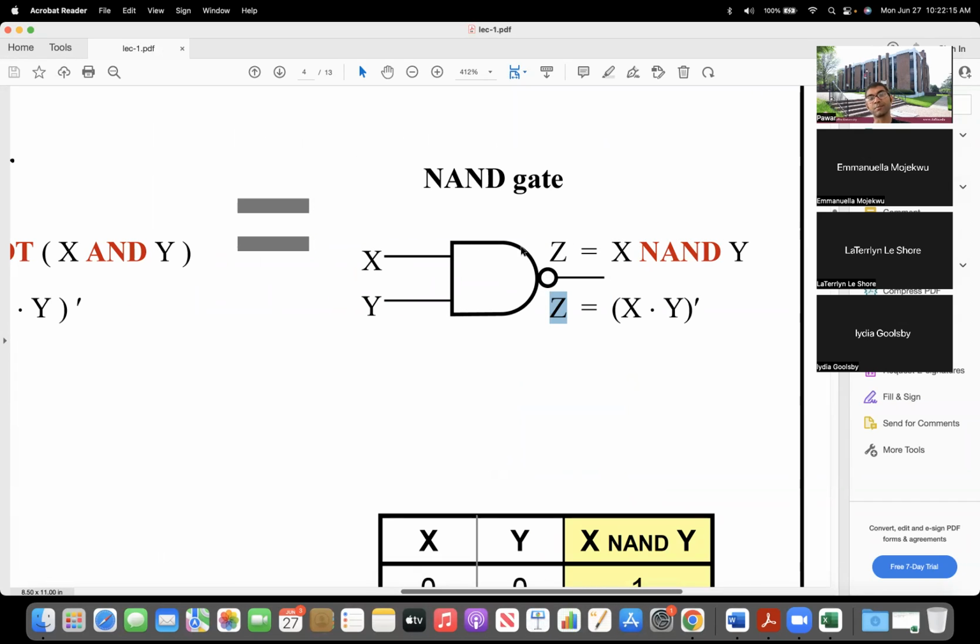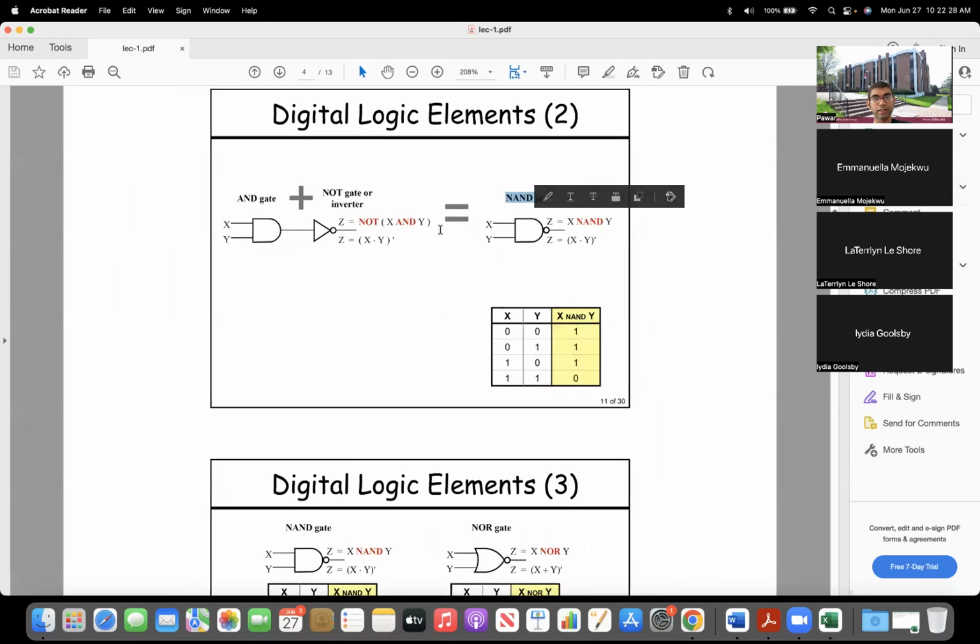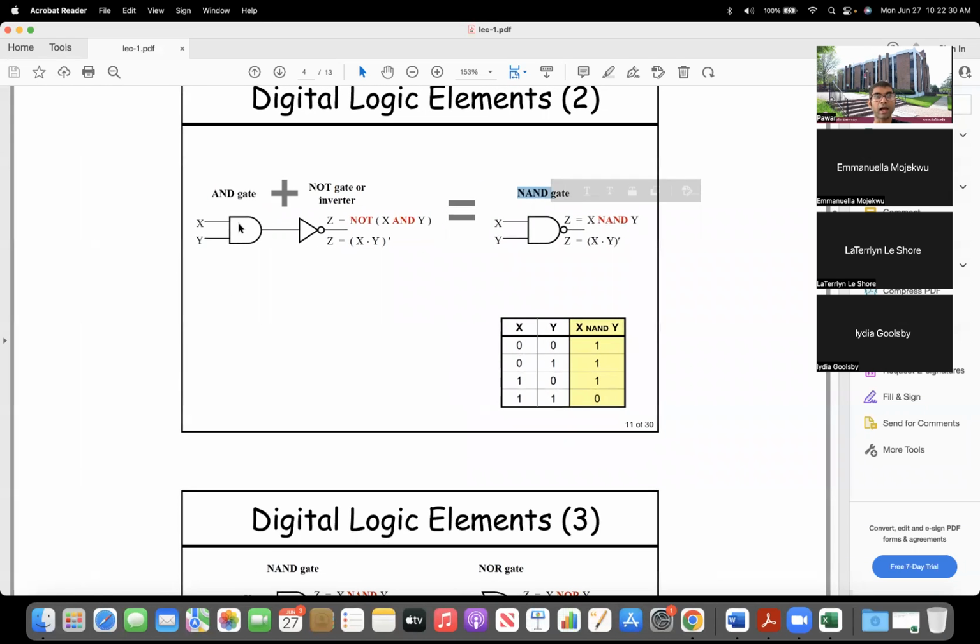So something new, right? You know an AND gate, you know a NOT gate, you combine these two and you form a NAND gate. Now obviously there is a truth table for a NAND gate, right?